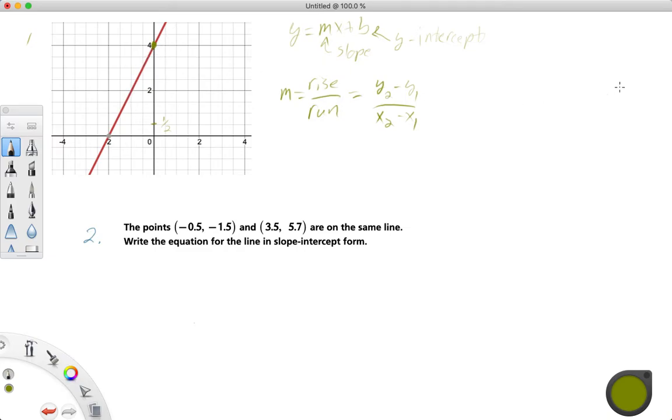So first of all, we're going to write down our y-intercept, because it's right there, it's easy to do, so b equals 4. Okay, where it crosses the y-axis, where x equals 0. And then we're going to figure out our slope. So to find our slope, I'm going to start right here, because I know I have a point right there, and I know I have a point right here.